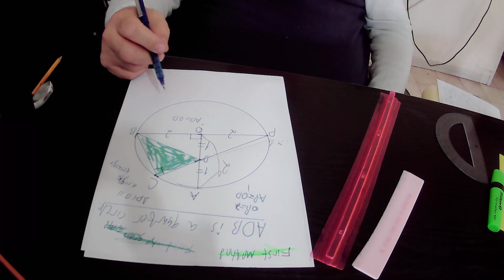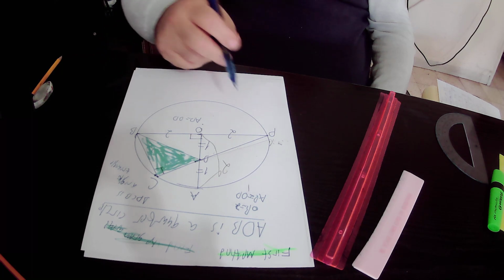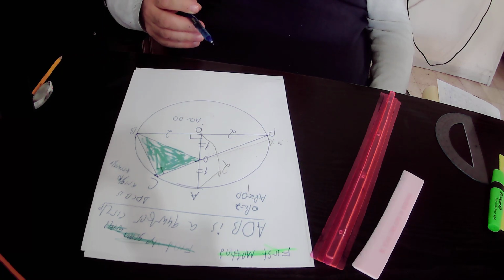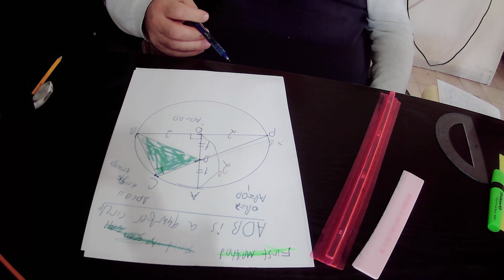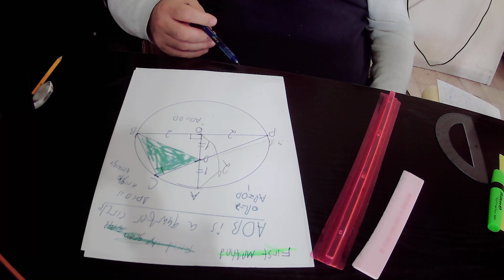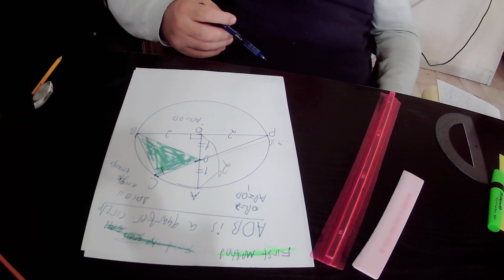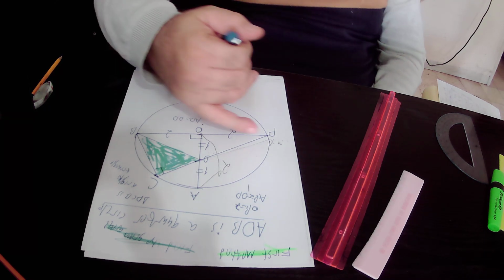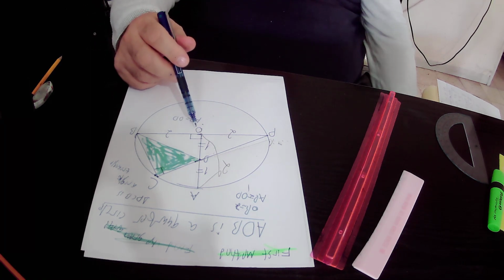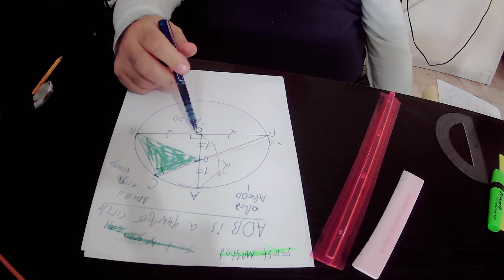Here PB is the diameter of the circle, therefore it is absolutely a straight line. And we know that the sum of the angles on one side of a straight line equals 180 degrees, so if we focus on the upper side of the straight line PB at point O, the sum of the angles here must be equal to 180 degrees.